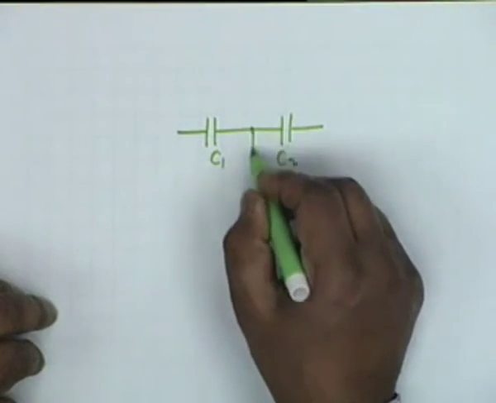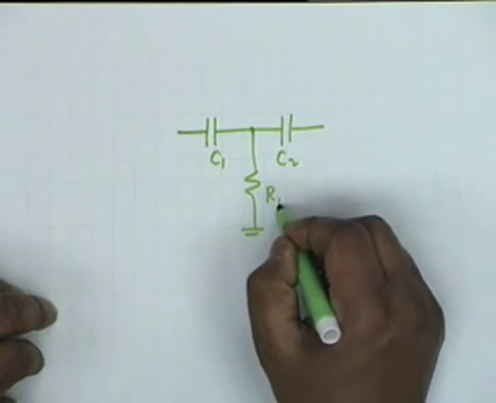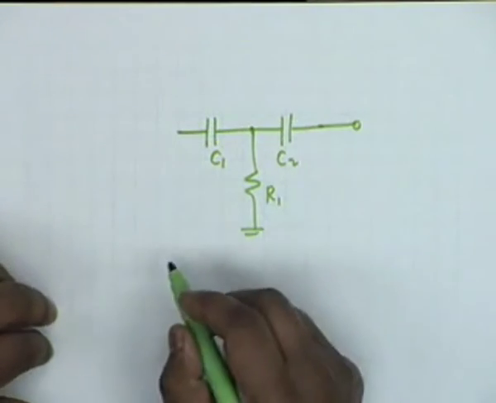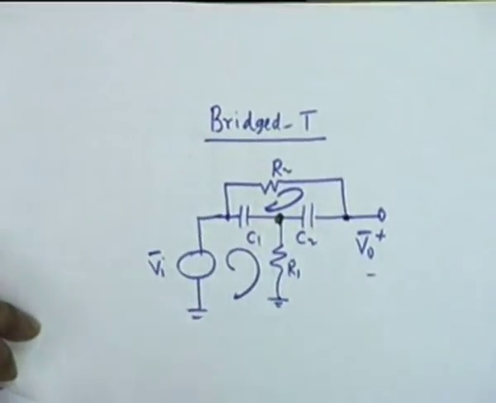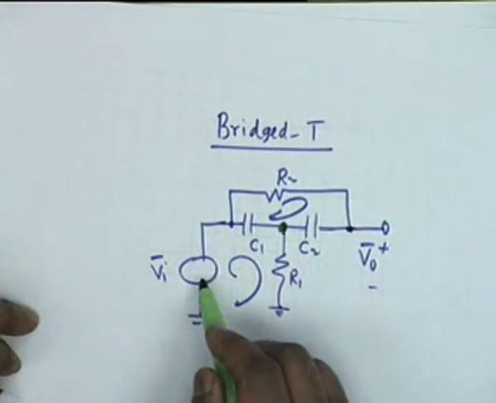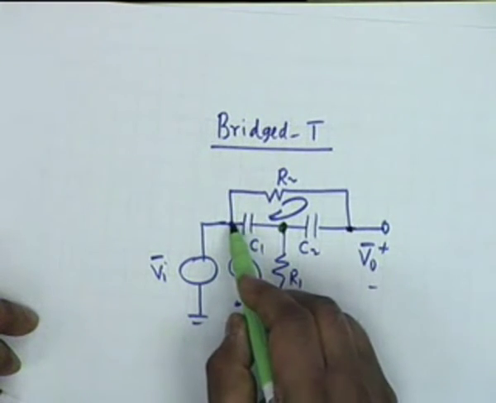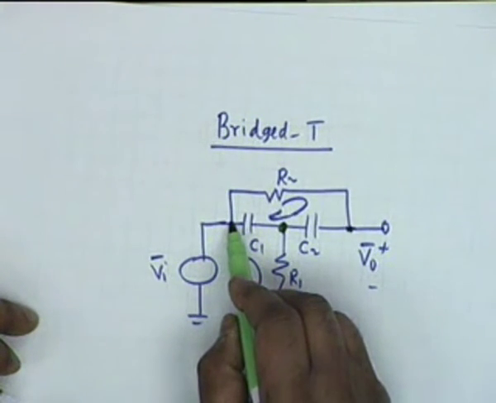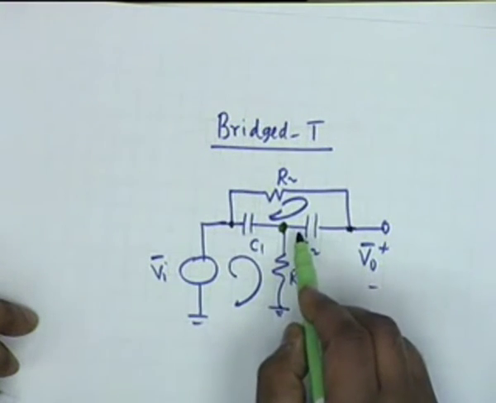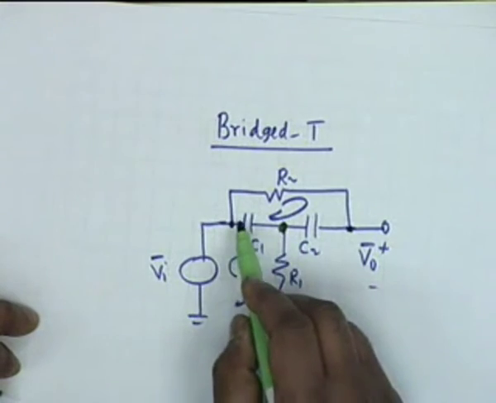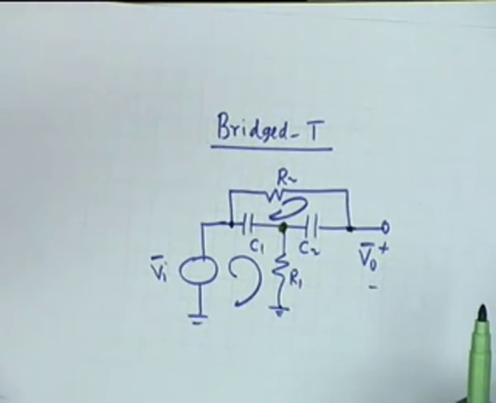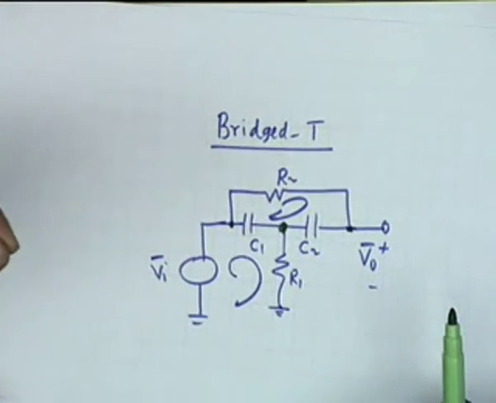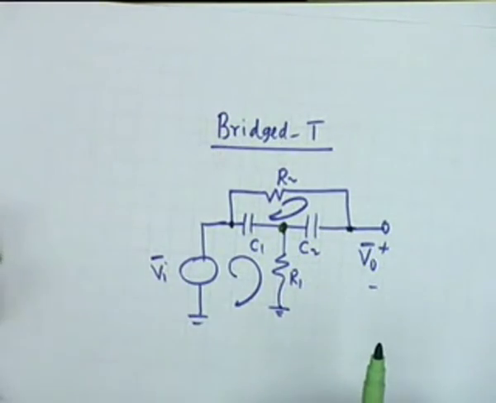You have C1, C2, a resistance R1. You see, if you look at this circuit, the potential at this input point is Vi, whether you consider this branch or this branch, it doesn't matter, isn't it? So if I separate the 2 wires and connect 2 sources, Vi each, shall it make a difference?